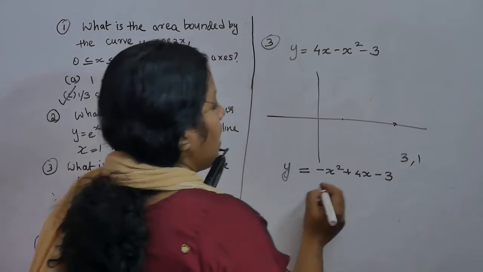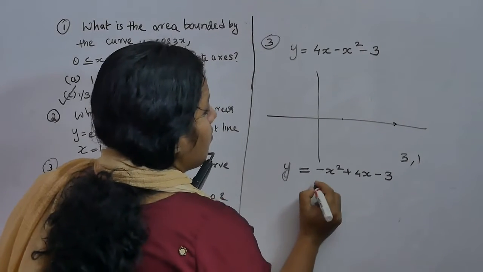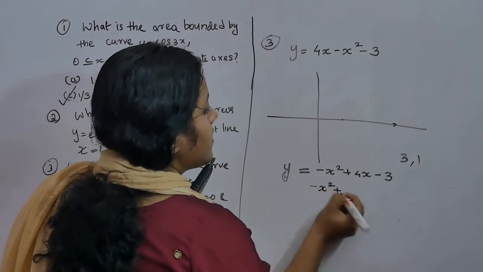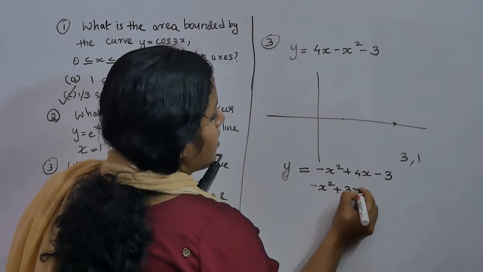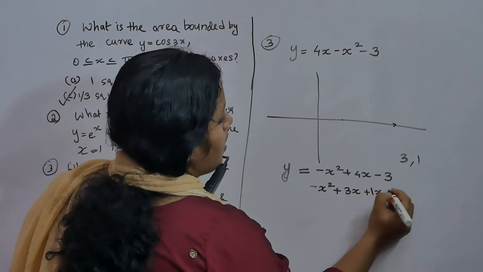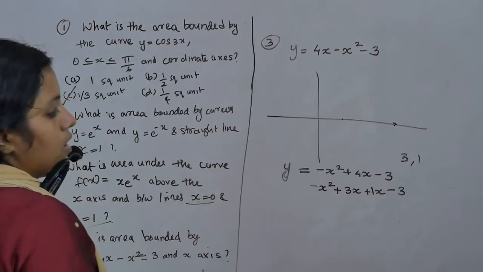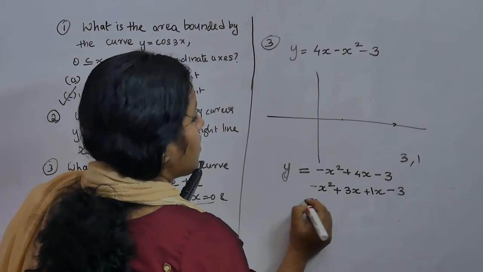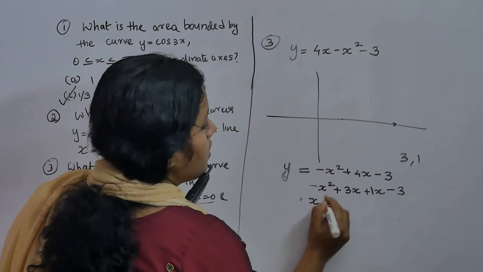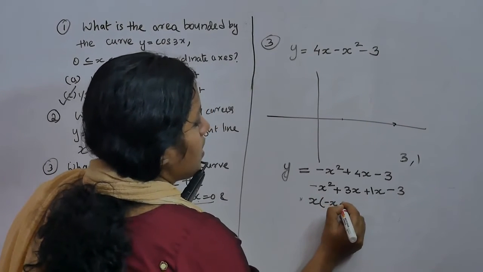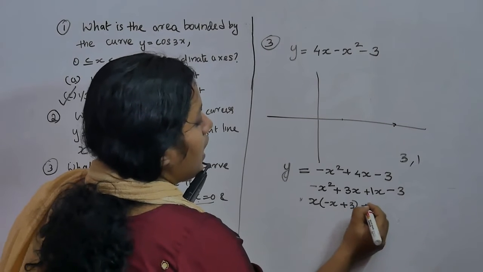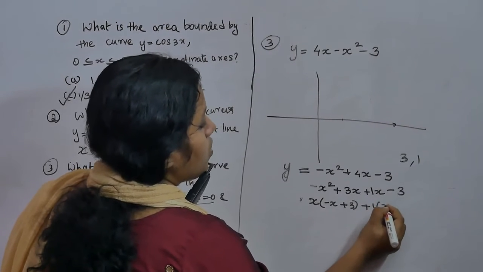Minus x square plus 3x plus 1x minus 3. So I can take x common, so minus x plus 3, and here I can take 1 common.